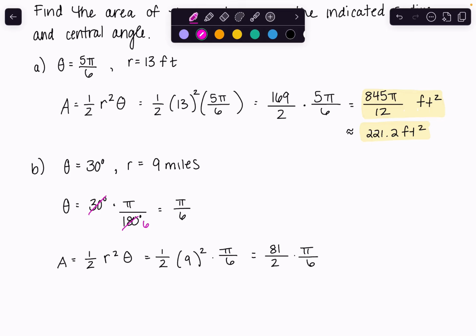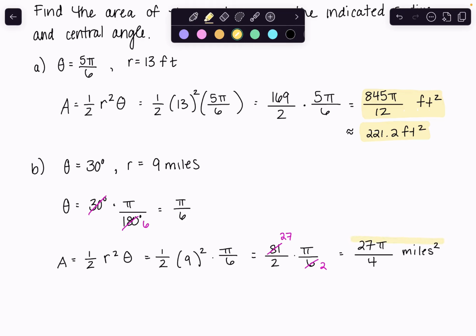And then we times it by pi over 6. But we were working with 9s, that's a multiple of 3. I can divide top and bottom by 3. So I'm left with 2 here and 27 here. This gives me 27 pi in the top, and 2 times 2 in the bottom gives me 4. And it is going to be my unit of measurement squared.